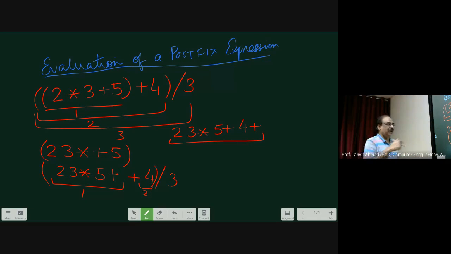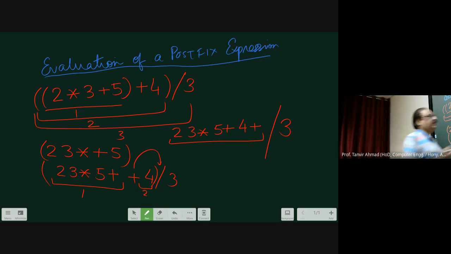Now in that case, the plus operator will go at this place, because you are going to use operand 1, operand 2 and operator. And now you will have this 3 also. Now once you convert like this, this becomes the first operand, this becomes the second operand, and the final expression, the postfix, will be nothing but 2 3 multiplication 5 plus 4 plus 3.